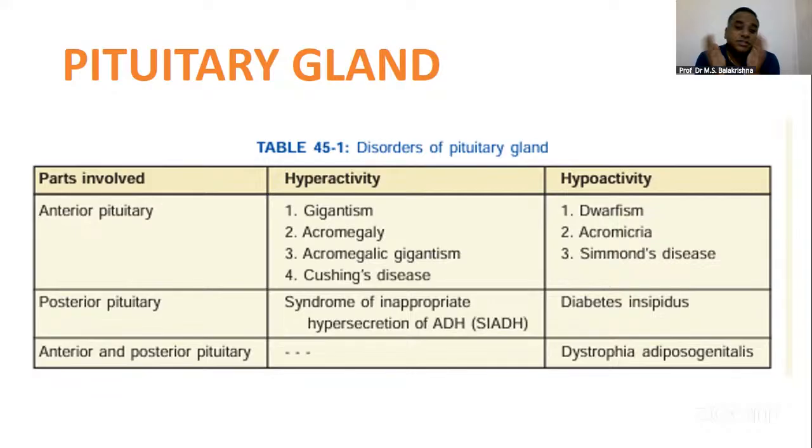If the defect is in the posterior pituitary, hypersecretion of ADH happens, and diabetes insipidus. If the anterior and posterior pituitary are both not working properly, then dystrophia adiposogenitalis happens, so a lot of fat deposition in the genital organs happens. These are the disorders of the pituitary gland. Please read this. So many times questions have come from here.